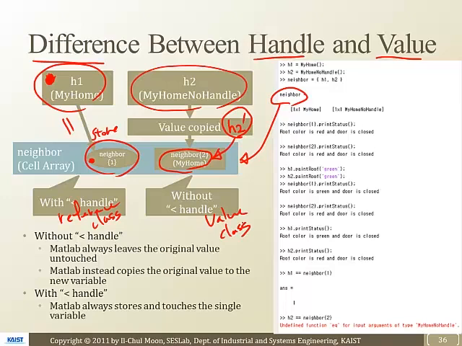Okay? So whenever using a value class, please remember that if you are just directly changing the value of the properties of the value class, then it doesn't reflect your change. So that's a problem, okay? So usually what you want to use is this handle-based reference class.